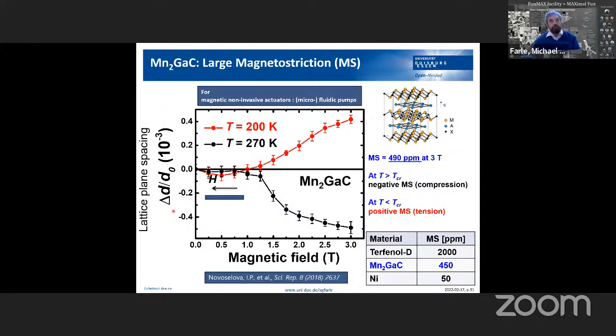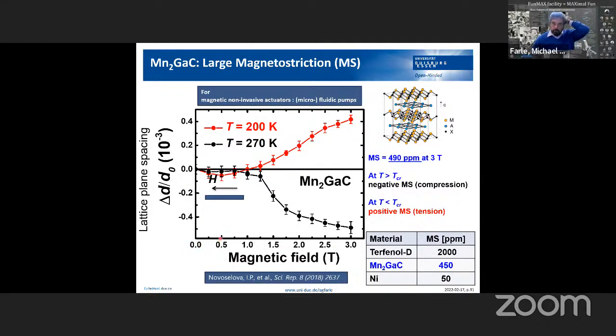Now what is plotted here? We see the lattice plane spacing, so the plane spacing between the M layers, or between the A layers, whatever you prefer, on a relative scale. So note this value here, 10 to the minus 3. And here is the magnetic field applied.